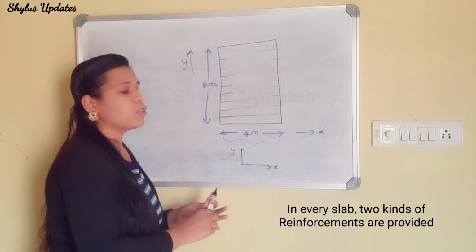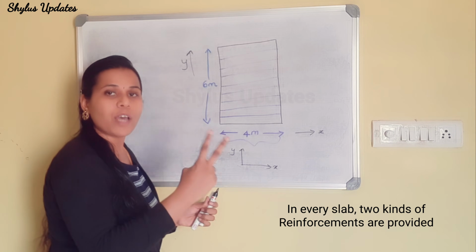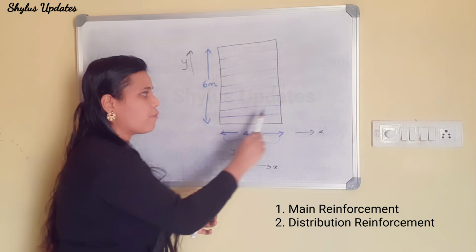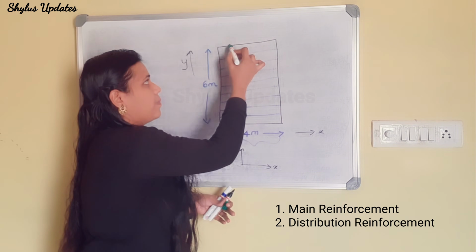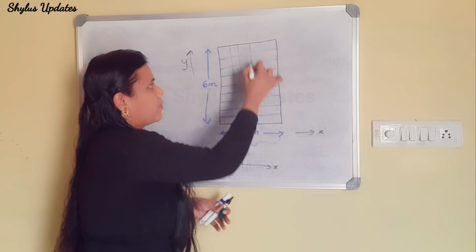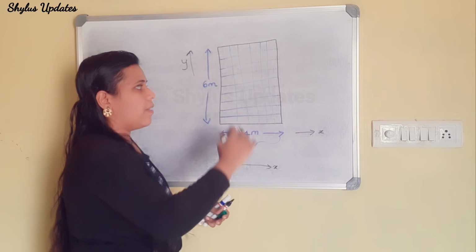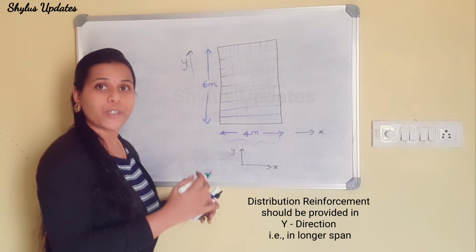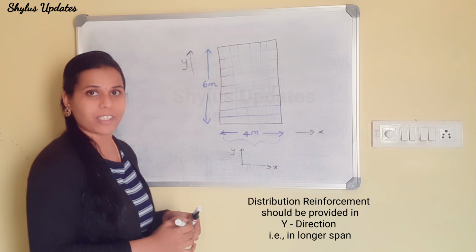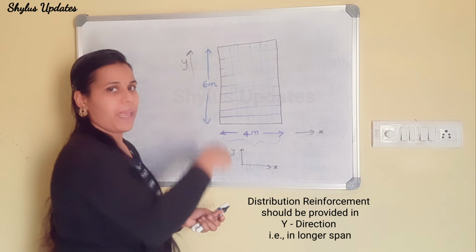In every slab, two kinds of reinforcements are provided. Main reinforcement and another one is distribution reinforcement. From this diagram itself, we can say that distribution reinforcement should be provided in Y direction, that is in longer span.